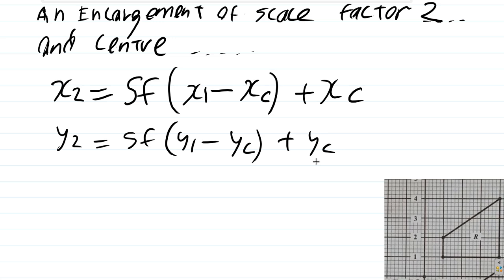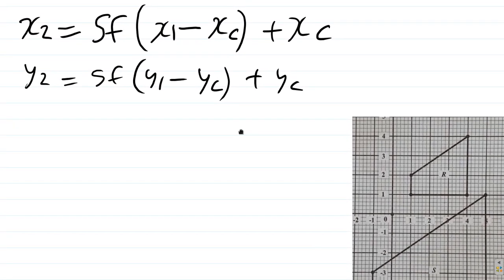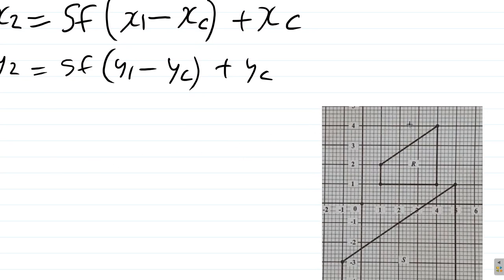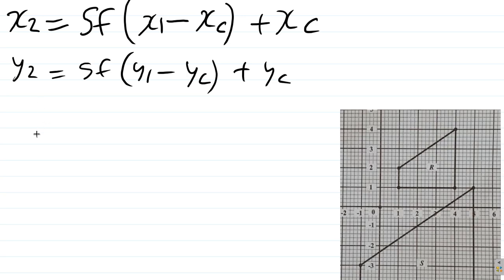Now, what we could do is this. We see here that x2 at this point right here, our x2 is 5. So we say 5 equal, the scale factor is 2 times x1.